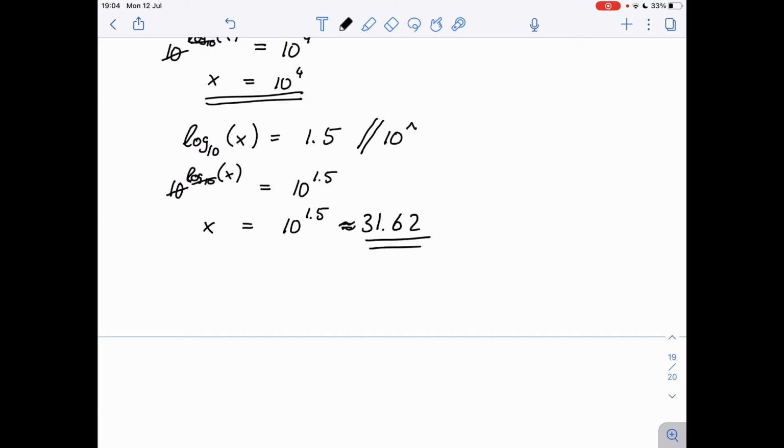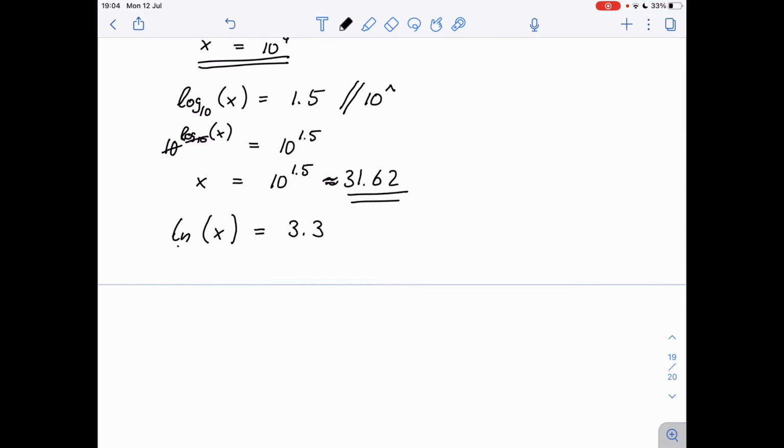And as you can imagine, we can do that not just with log to the base of 10. So if we, for example, have instead of log to the base of 10, ln of x equals, say, 3.3, let's just make up a number.